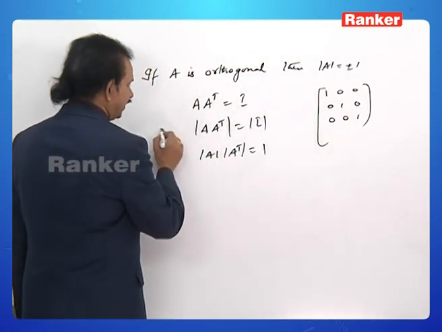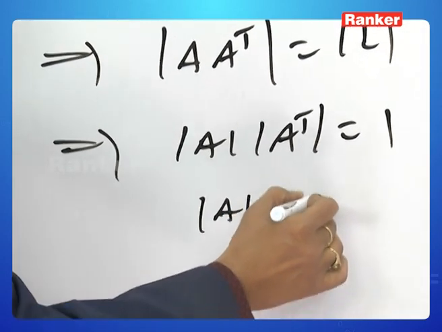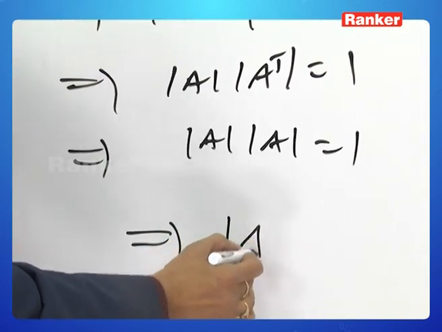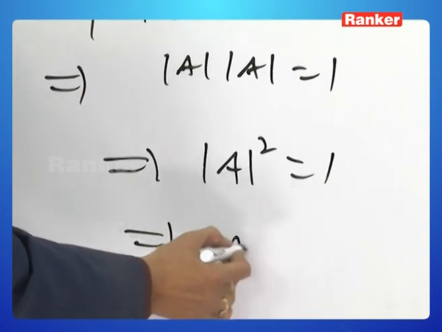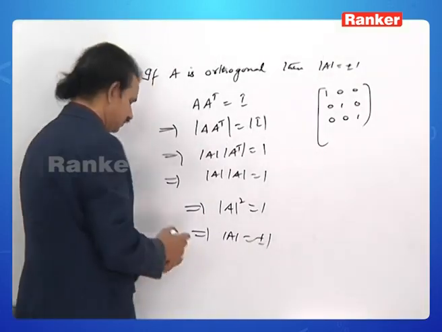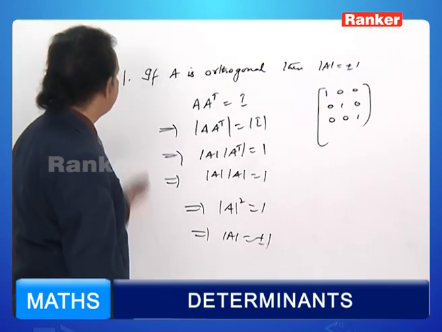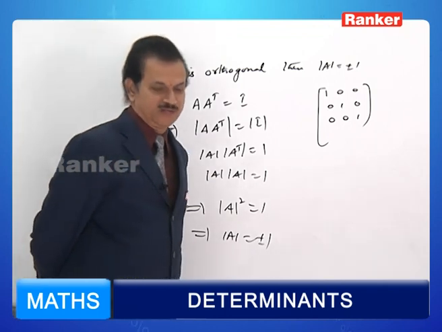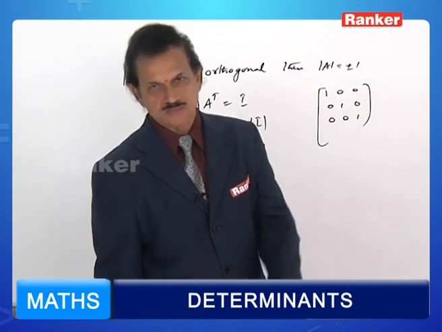But from the properties of determinants, det A is equal to det A transpose, isn't it? What is det A into det A? Det A whole square implies det A is equal to plus or minus 1. This is the beautiful property of an orthogonal matrix. If A is orthogonal, then det A is equal to plus or minus 1.